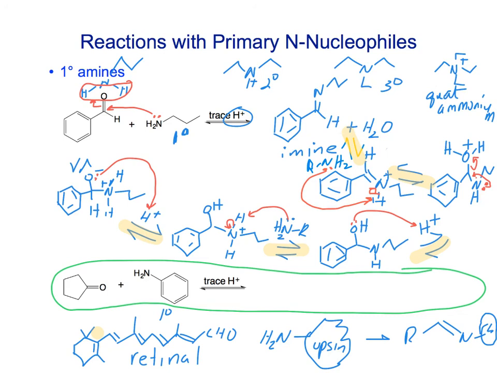Really all we have to do is take this water molecule off right here, and connect this nitrogen directly up to this carbon with a double bond. You can just kind of erase those groups. Here's our H2N, here's our amine.